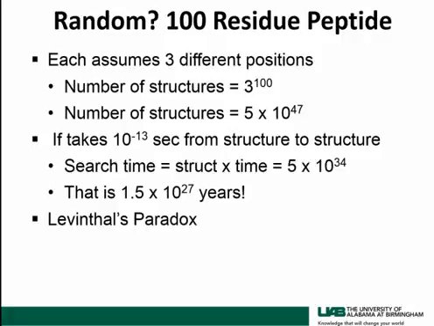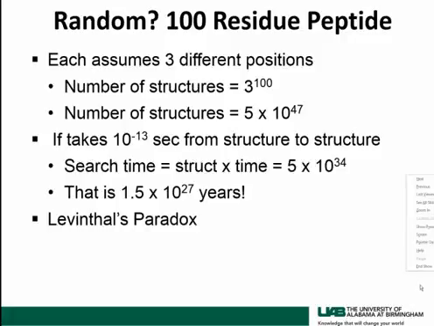Now, search time will be the number of structures that are possible, 5 times 10 to the 47, multiplied by the time that it takes each one of those conformations to be experimented with, which is 1 times 10 to the minus 13 second. If we were to convert that to years, it would take 1.5 times 10 to the 27th years.